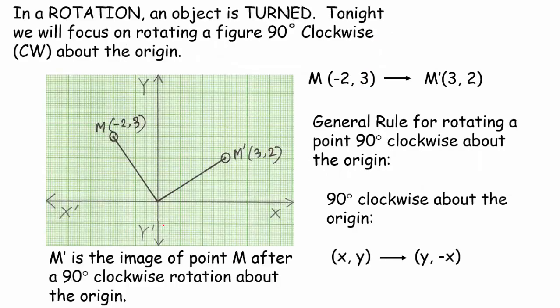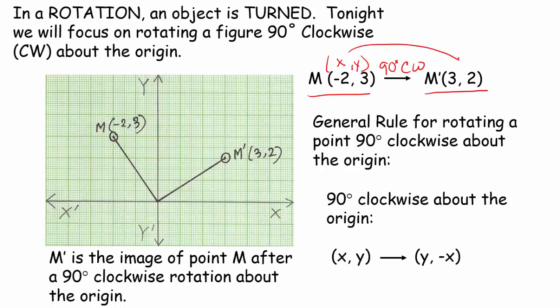Now let's take a look at how I can create a rule based on how I'm moving my points. If I start up here at point M, which is -2, 3, and my image after a rotation of 90 degrees clockwise, and I'm just going to write that here, is M prime, which is 3, 2. First of all, notice something about the numbers. The number here for the X coordinate seems to start with a -2.